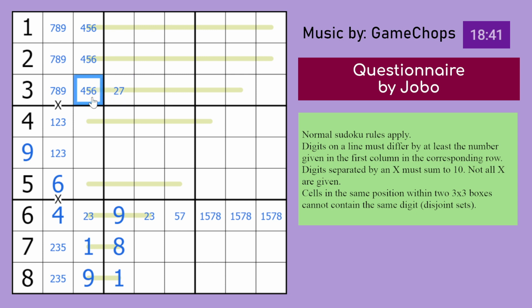Oh, sorry, if it's a 6, it can't be 1, 3, or 9, making it a 2. So this cell is either 2 or 7. Which I can't resolve by disjoint sets. No. That's unfortunate.